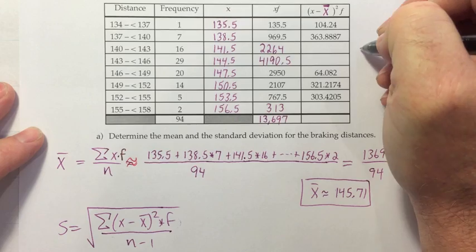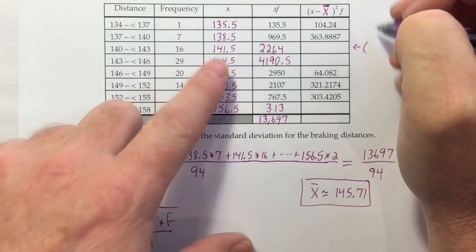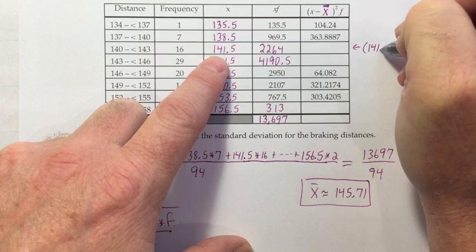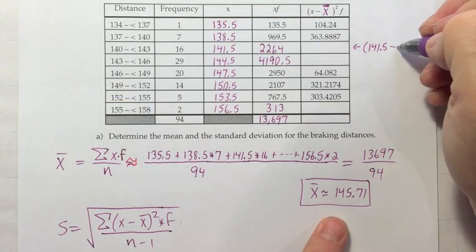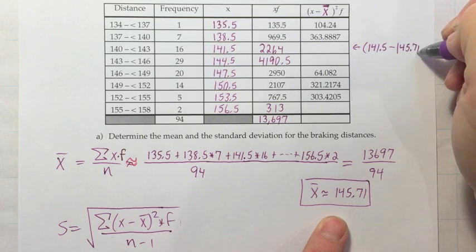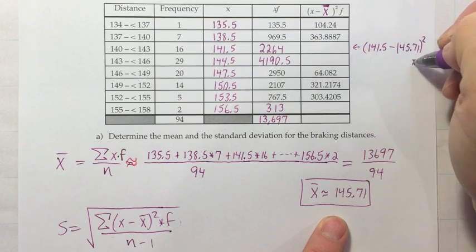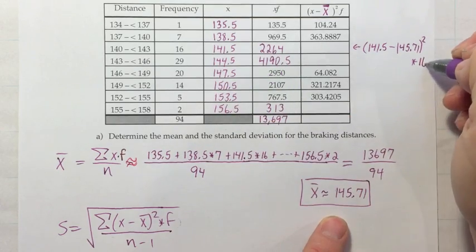So this piece right here is going to be parentheses x. For the x, that's 141.5, minus the mean, which we just computed down here, 145.71. We'll square that and multiply it by the frequency for that row, which is 16.